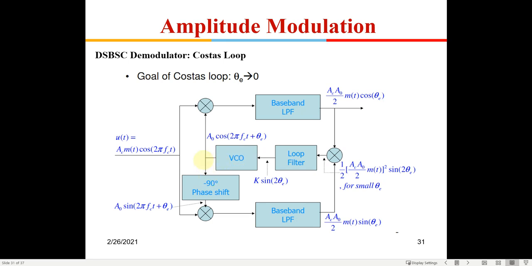So now you are making this block here, a multiplier, where you are going to multiply these two signals, cos 2 pi fc t with cos 2 pi fc t plus theta. If you multiply it, cos A into cos B, you will get cos A plus B and cos A minus B components. A plus B will give the 2 fc component.